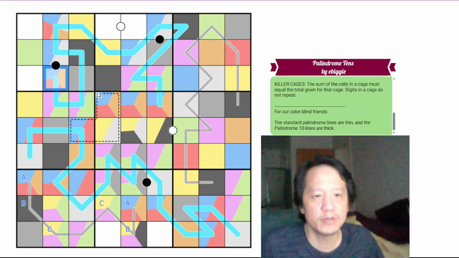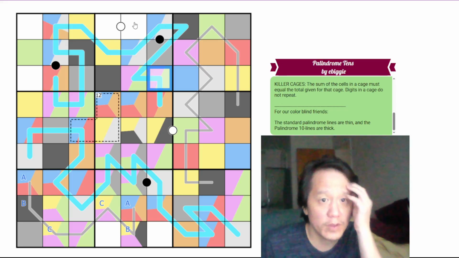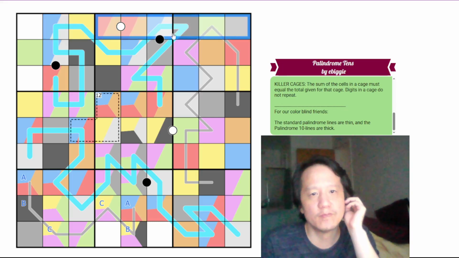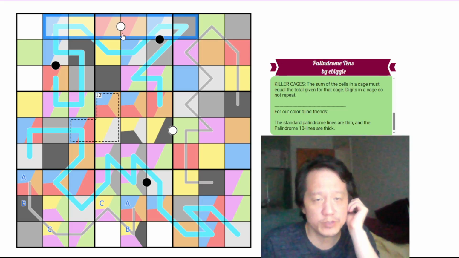So this can't be blue here, because of the blue in the row. This must be an orange-red pair, which eliminates orange and red in the rest of the row. That means we have a blue-light pair also, which means this must be pink. So this is pink.